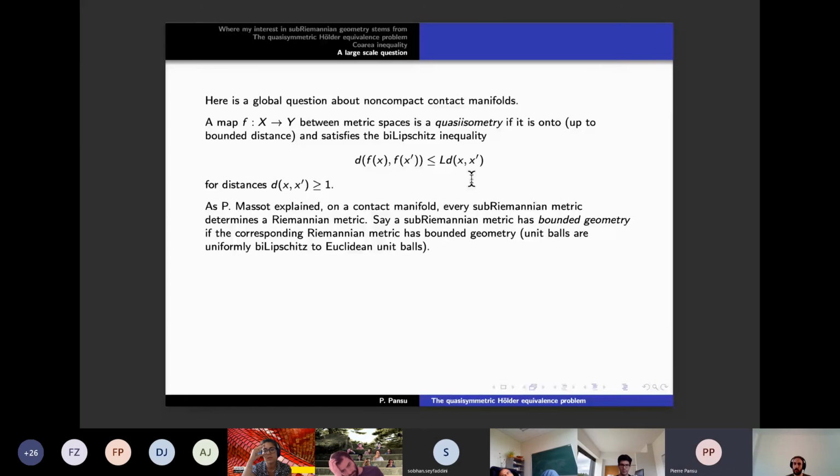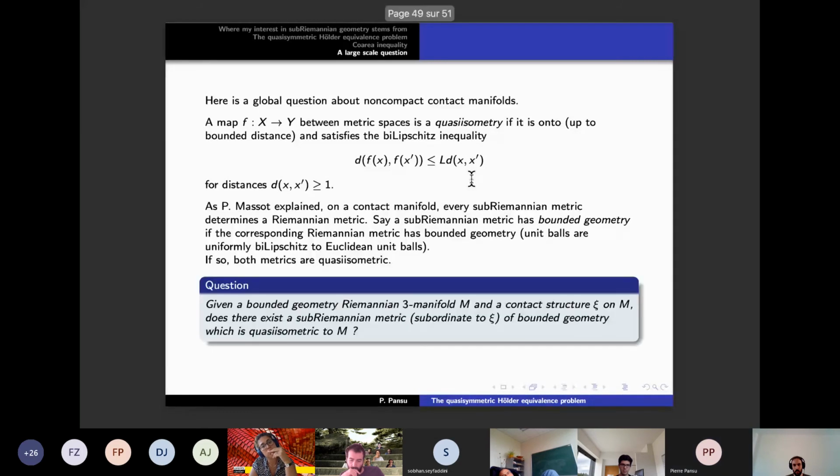Now, when this happens, it seems to me that both metrics are automatically quasi-isometric. And now I'm interested in the converse question.